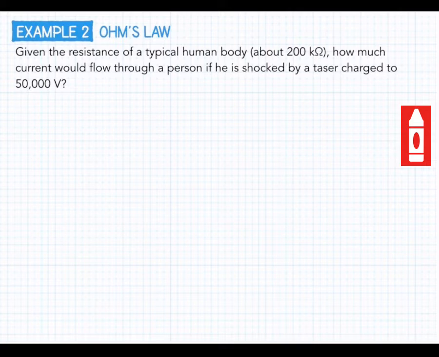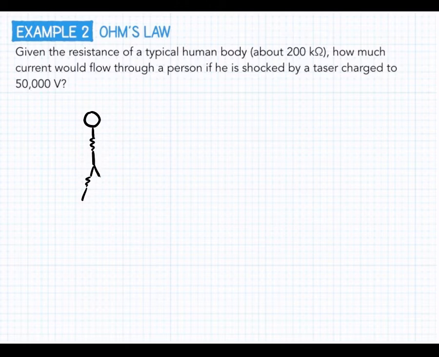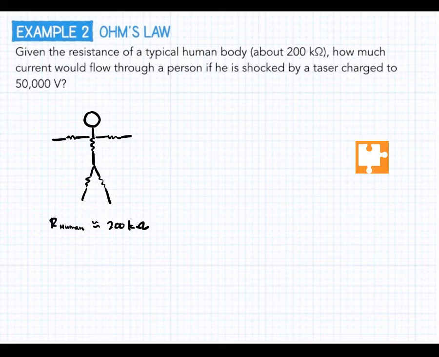All right, so typical human body, if you add up all the resistance of arms and legs, the resistance of a human, we can approximate, very approximate, to be 200 kiloohms, all right? And we want to know how much current would flow through a person if you tase them.